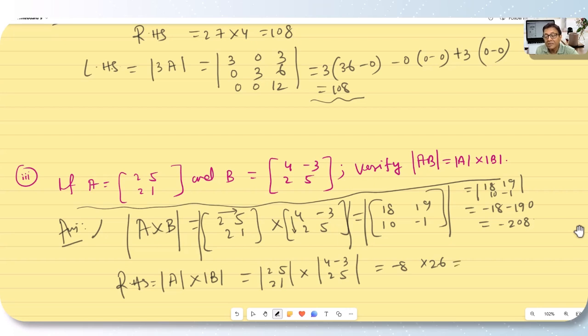So 160 and 48, this is also minus 208. Please remember this as an important result. This is true for any two determinants of the same order. The determinant of their product is the product of their individual determinants.